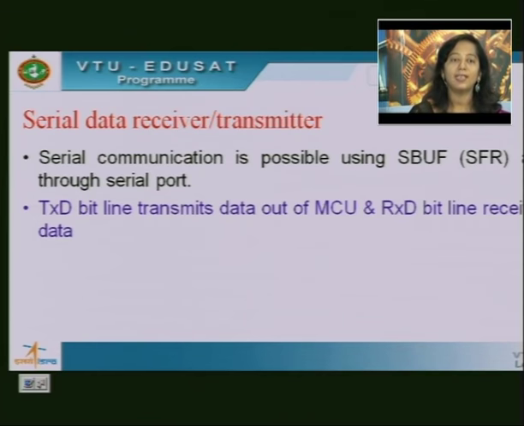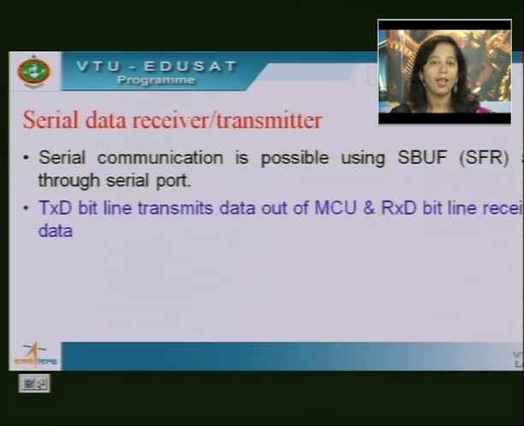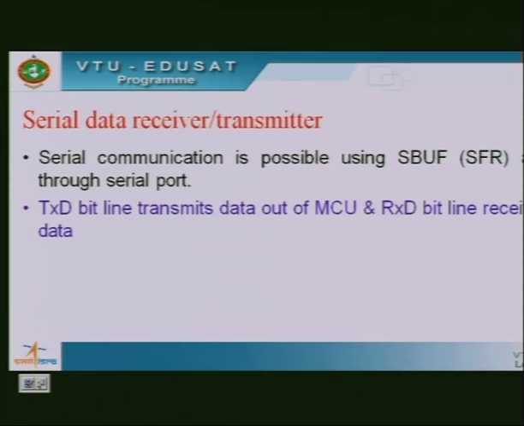It is the TXD line which is used for transmission from the microcontroller unit. Any byte of data to be transmitted from MCU to peripheral is done through the TXD line, and then we have the RXD line or the receive line, which is used for receiving 1 byte of data from any of the peripherals to the MCU.